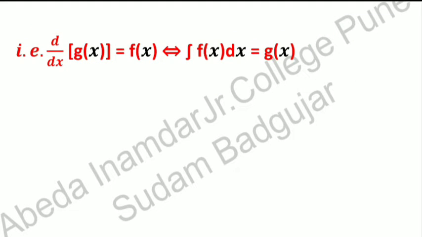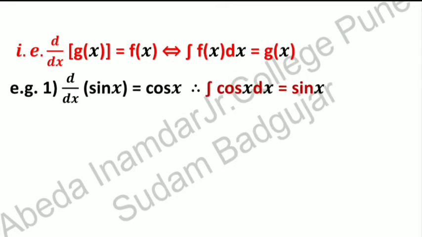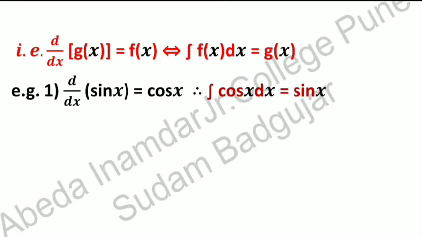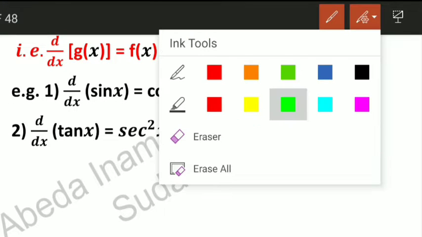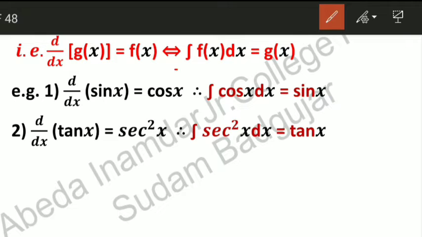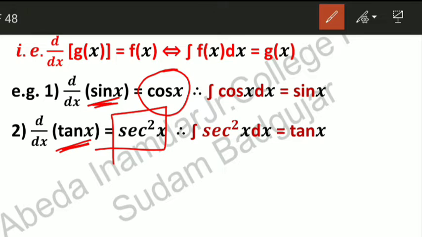For example, the derivative of sin x is cos x, so according to the definition of integration, integration of cos x is sin x. One more example: you are familiar with the derivative of tan x. What is the derivative of tan x? It is sec square x.